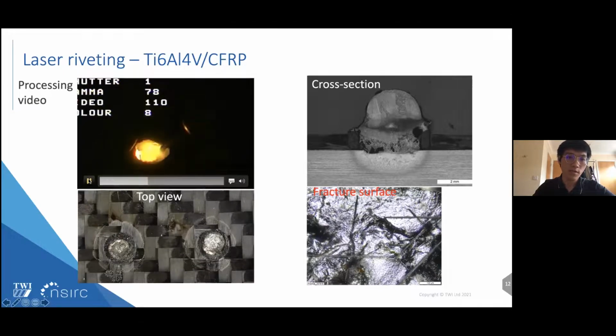But we can still see the oxidation, and also contamination at the middle of the deposition. And we can also see on the fracture surface there is some carbon fiber inside the deposition.